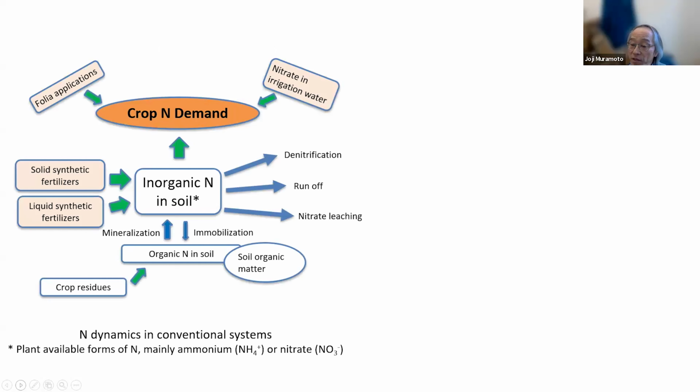In conventional systems, this is just a typical example of nitrogen dynamics. Solid or liquid synthetic fertilizers are used and applied in inorganic nitrogen form, ammonium nitrate, urea or something, but the mostly plant-available form of nitrogen is applied directly to meet the crop demand.